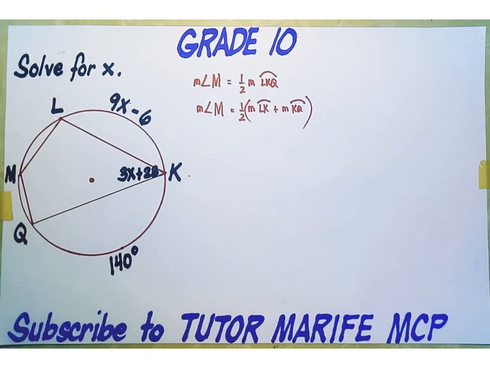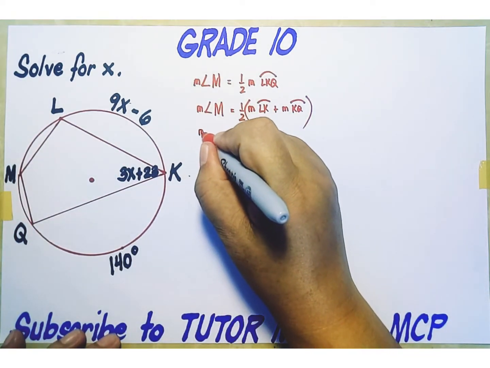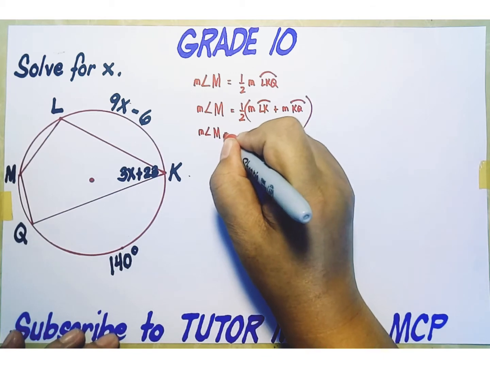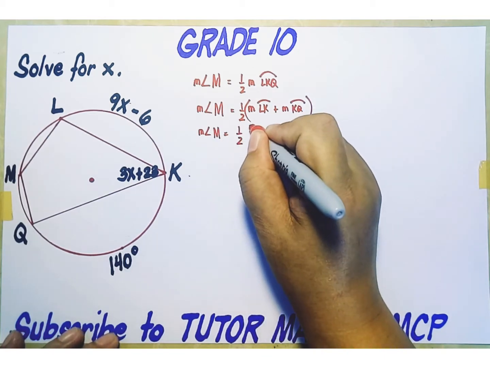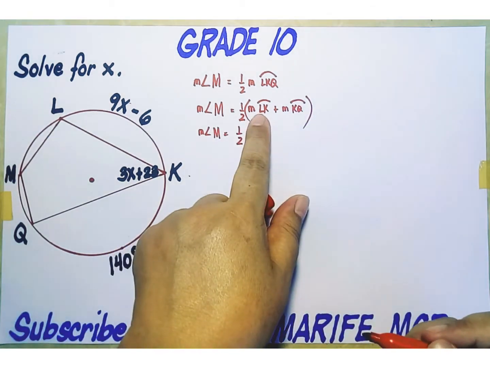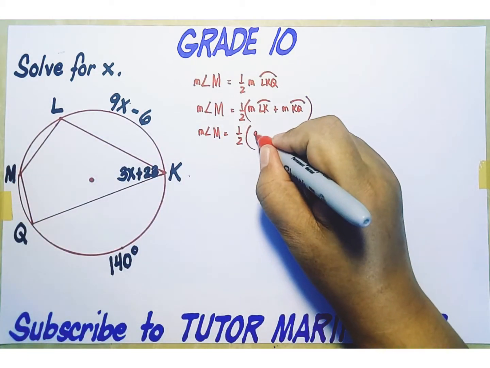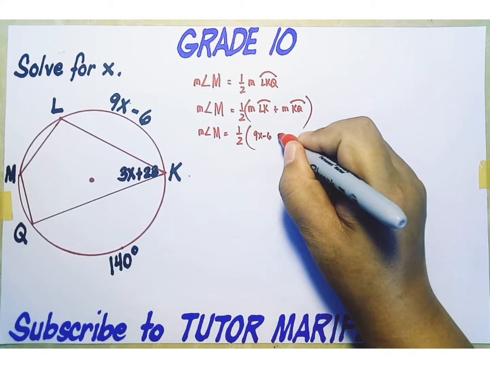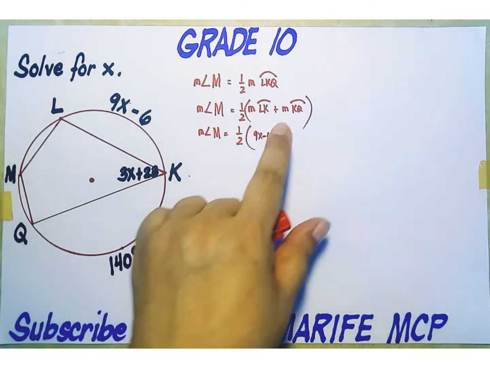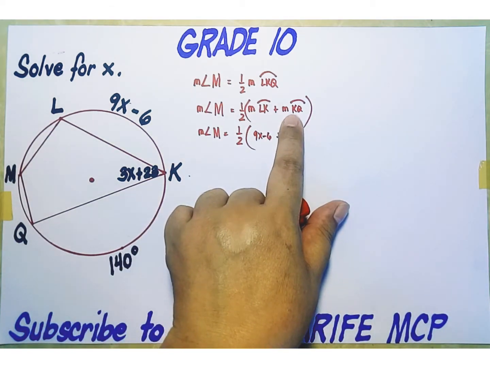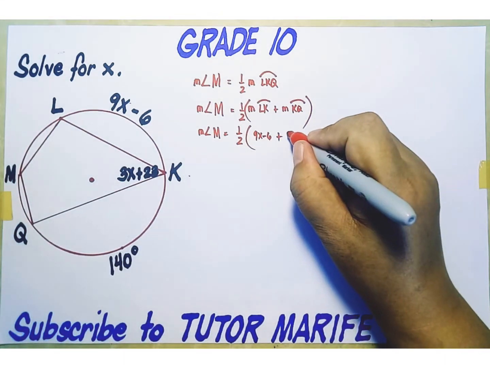Let's do it. Measure of angle M is equal to 1/2. Replace this with its representation. It's 9x minus 6. Plus, replace this with its value. It's 140 degrees.